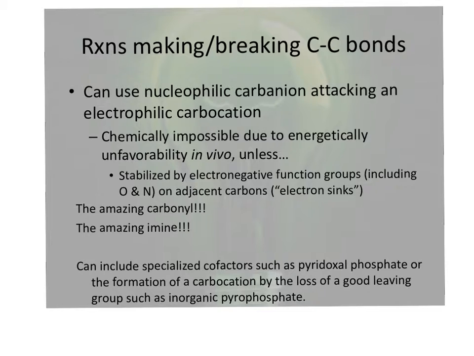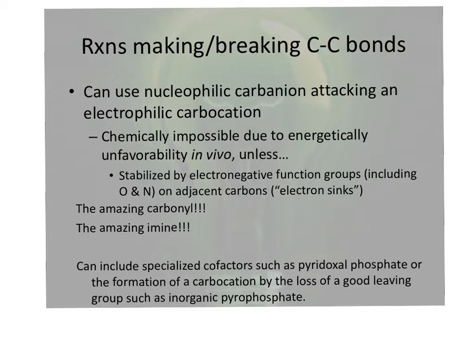What's a carbanion? I didn't have you guys for organic chem 2. It's a carbon that's negatively charged, so it can be a nucleophile. And you can have an electrophilic carbocation, which would be a positively charged carbon.